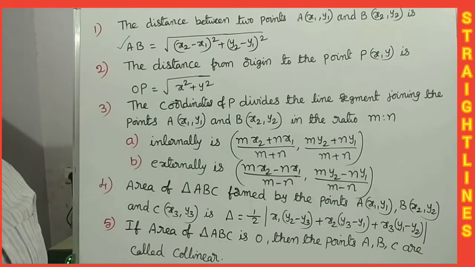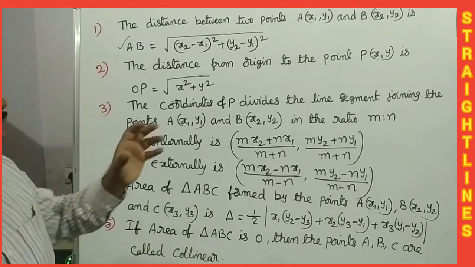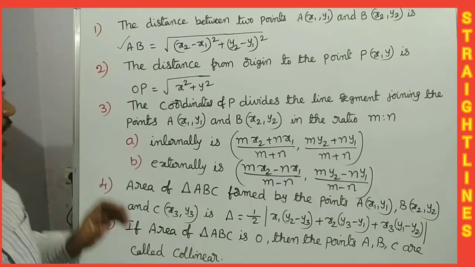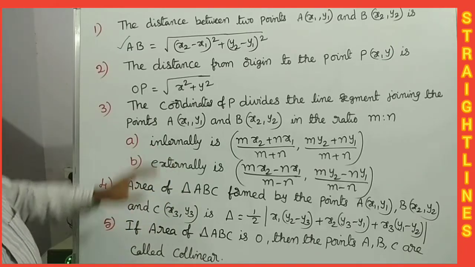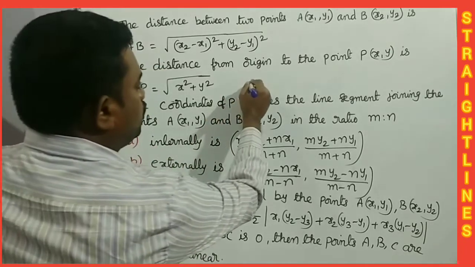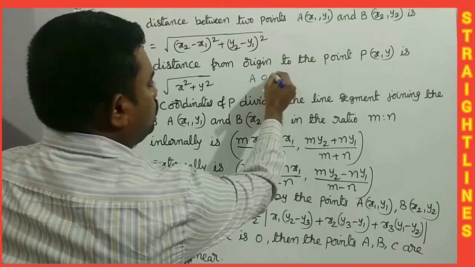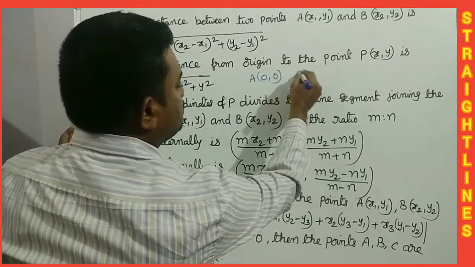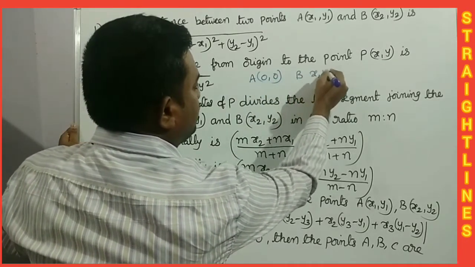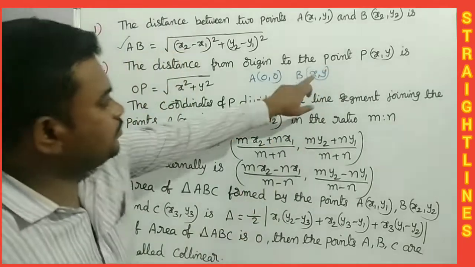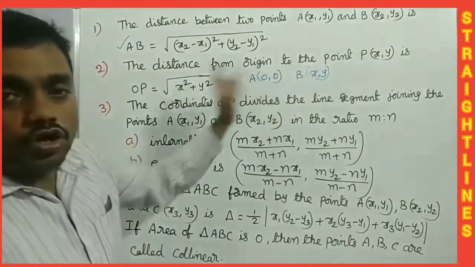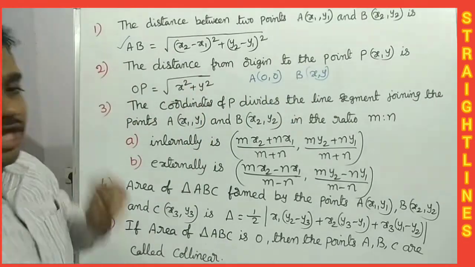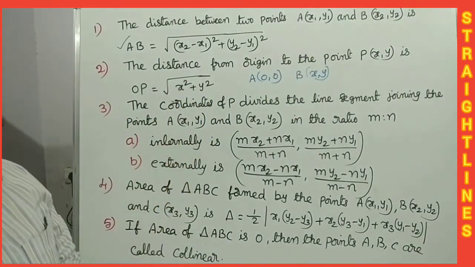Second, the distance from the origin to the point P(x, y) is OP equals root of x square plus y square. Here A is (0, 0) and B is (x, y), so it is (x minus 0) whole square, x square, plus (y minus 0) whole square, y square.